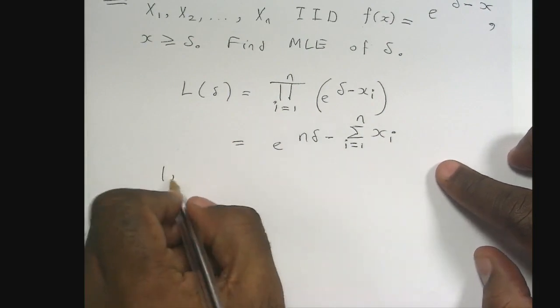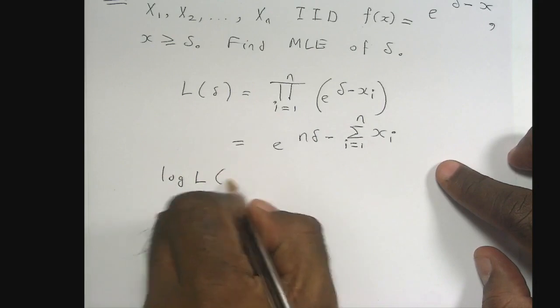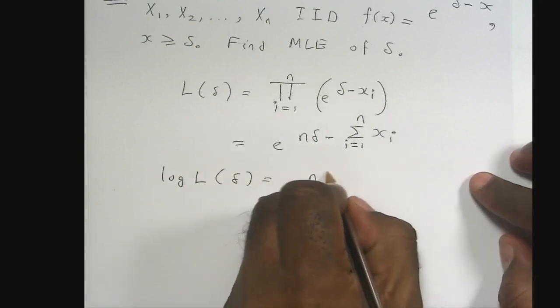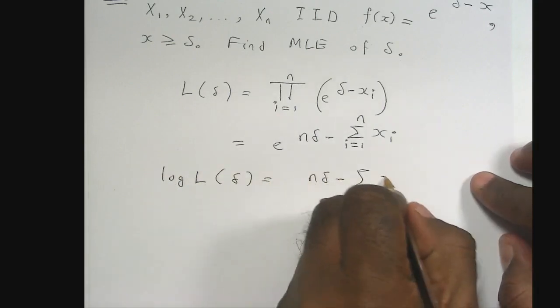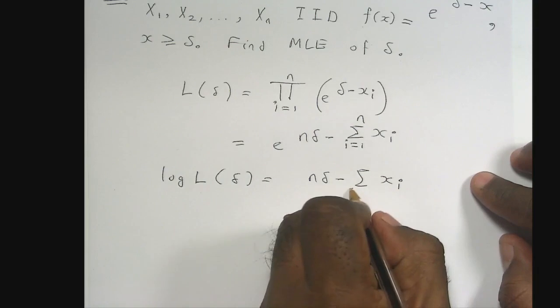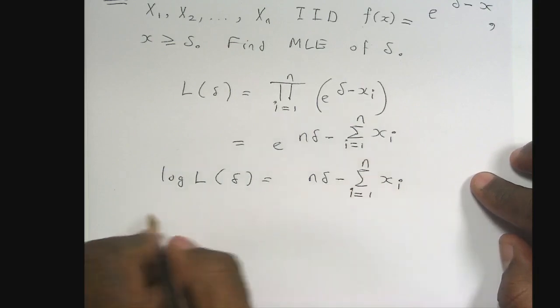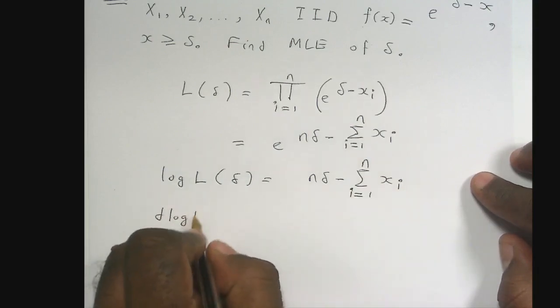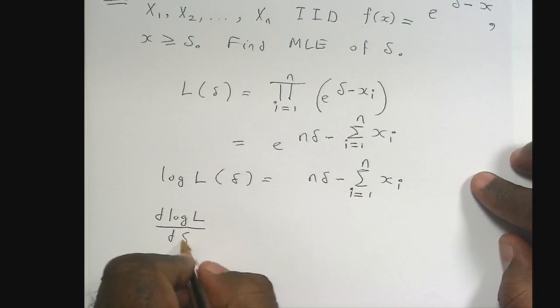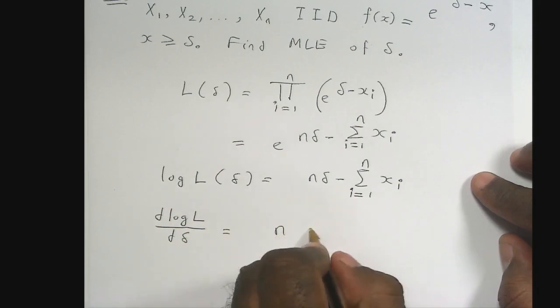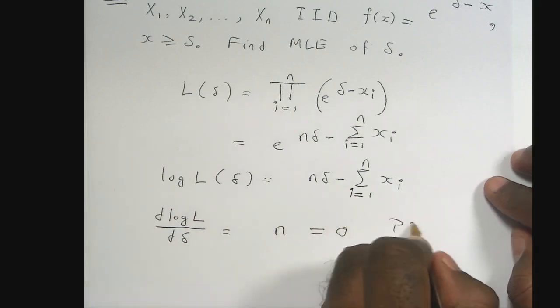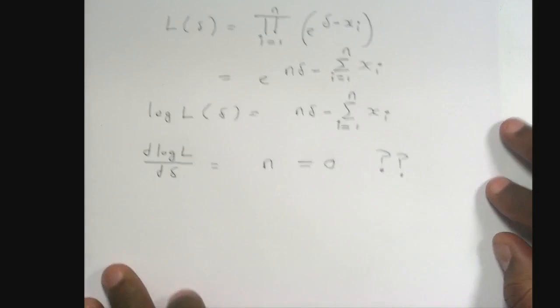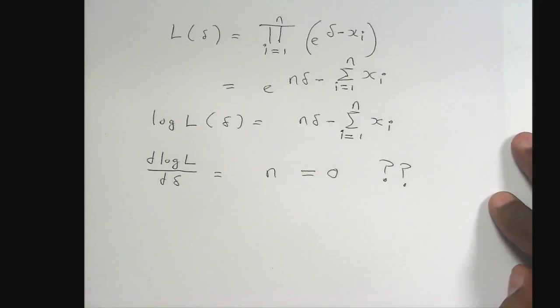So the log likelihood will be n delta, and the derivative of the log likelihood will be n, and this makes no sense, guys. So what this means is the standard approach does not work.